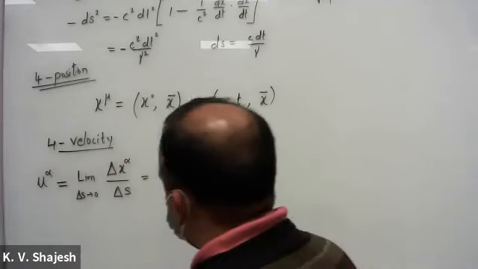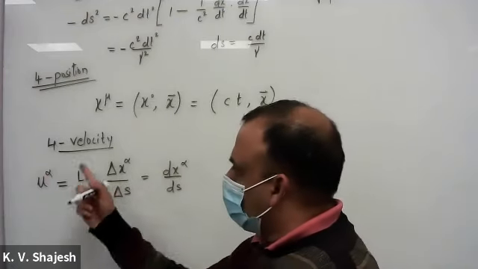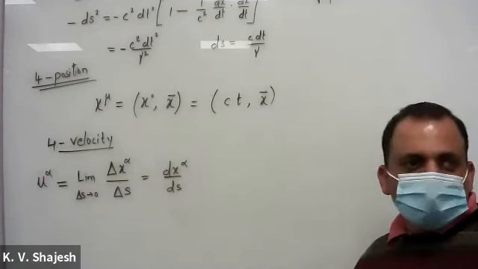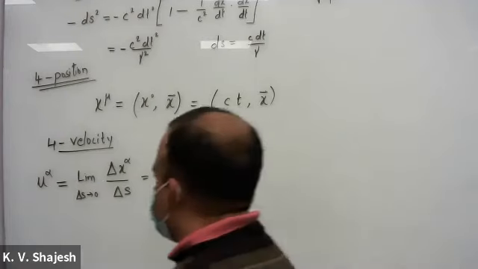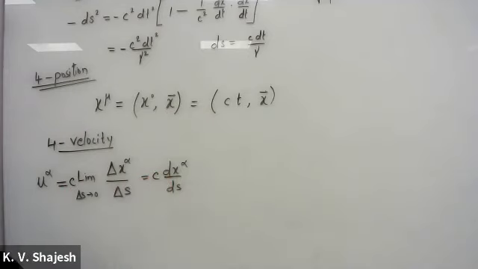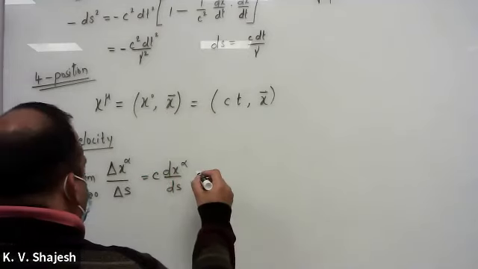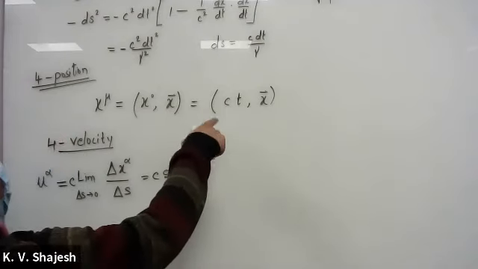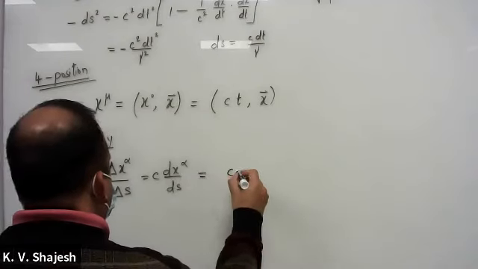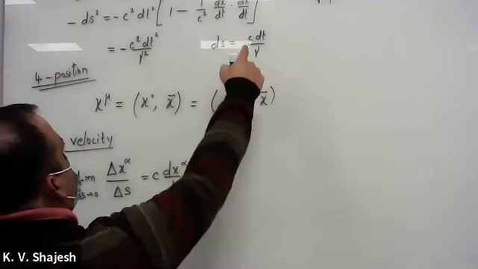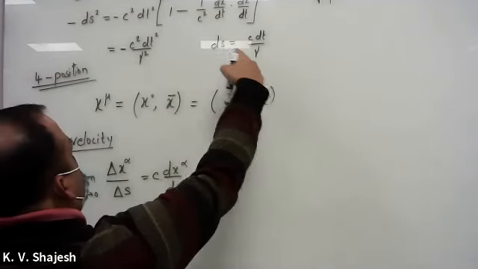But then we have this issue that we would like to associate it with velocity. This is a distance, not having the dimensions of velocity, so multiplied by c. This quantity, we showed that if I were to do this, this is c times gamma, because I get dt by ds, and dt by ds is gamma.